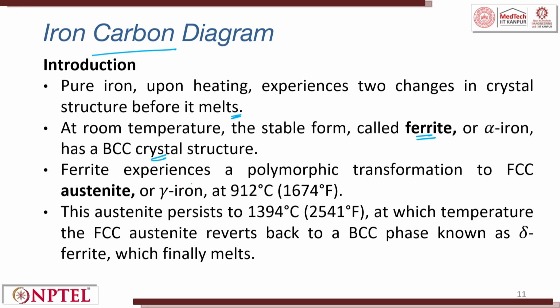The ferrite experiences a polymorphic transformation to FCC austenite or gamma iron at 912 degrees Celsius. This austenite persists to 1394 degrees Celsius, at which temperature the FCC austenite reverts back to a BCC phase known as delta ferrite, which finally melts.